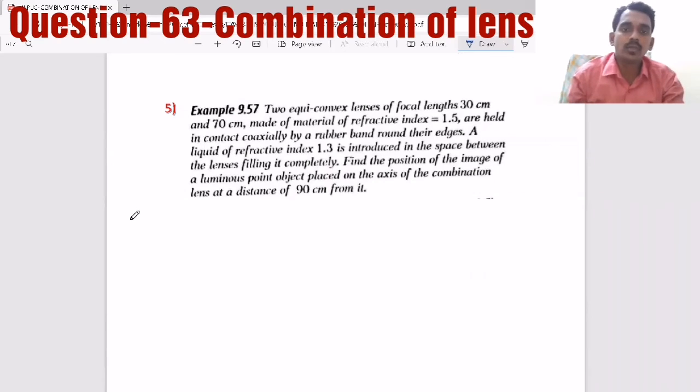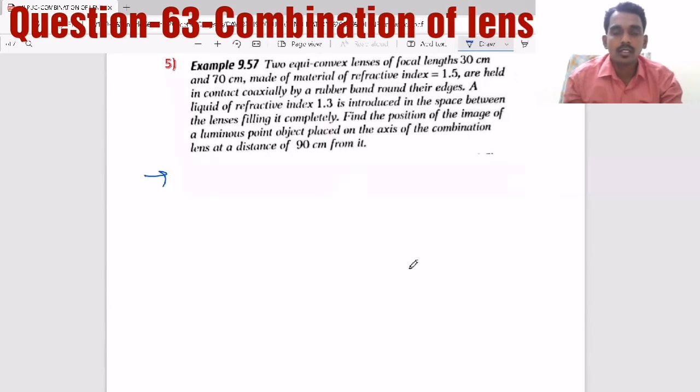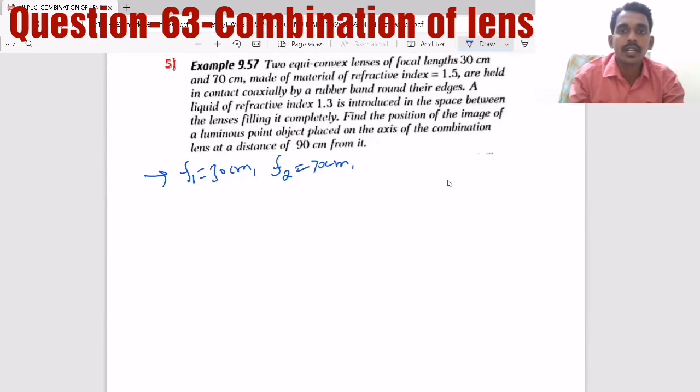Now, two equiconvex lenses, having focal lengths f1 is 30 and f2 is 70, made of material of refractive index 1.5, are held in contact coaxially by a rubber band round their edges, and a liquid of refractive index is filled.